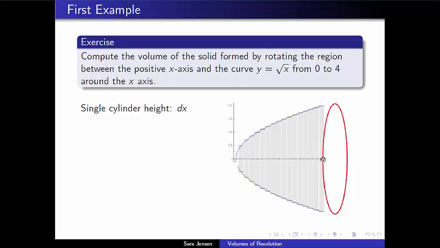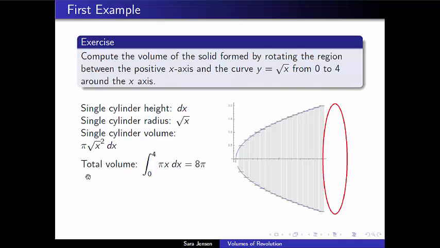The height of one of these tiny cylinders would be given by dx. The radius of the cylinder, the distance from my axis of rotation out to here, is given by the height of the function. In this example, our function is the square root of x. Using our basic volume formula for the volume of a cylinder, we have pi times our radius squared times our height, or in other words, when we take the square root of x and then we square it, we're going to get just x.